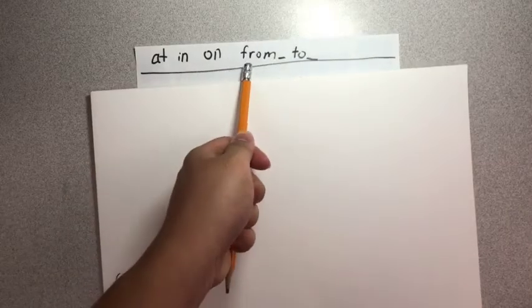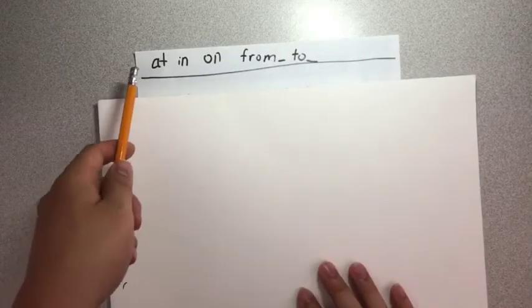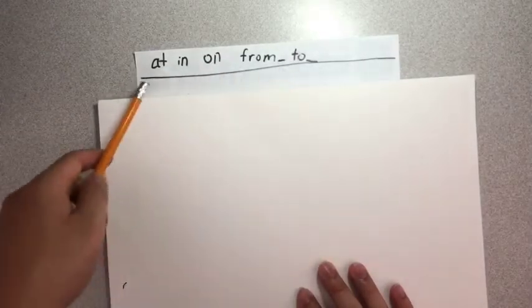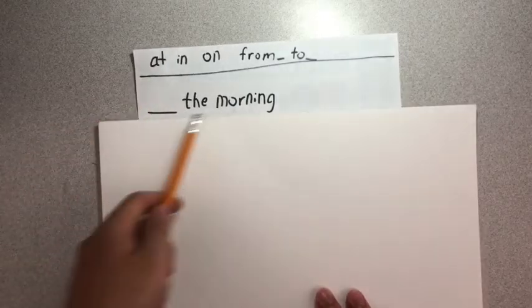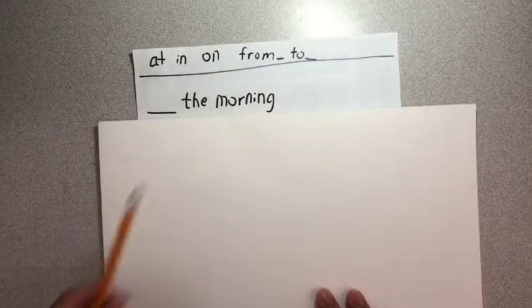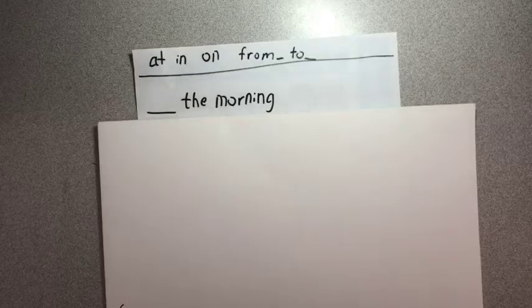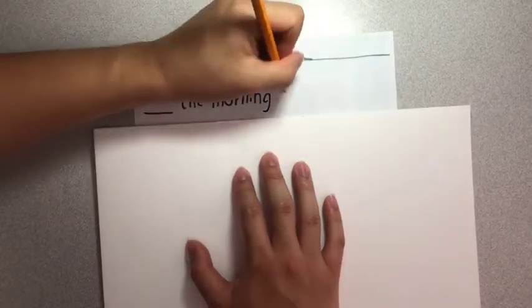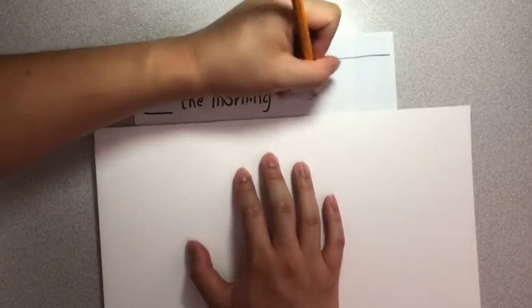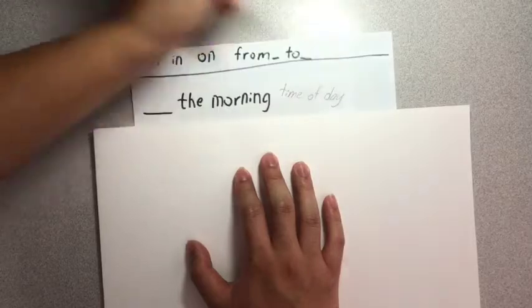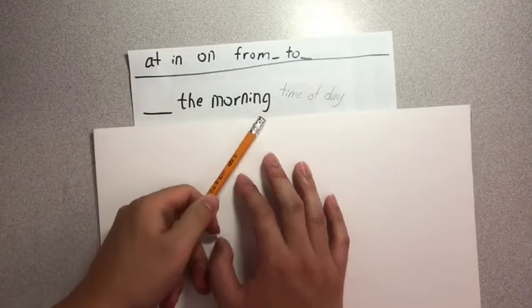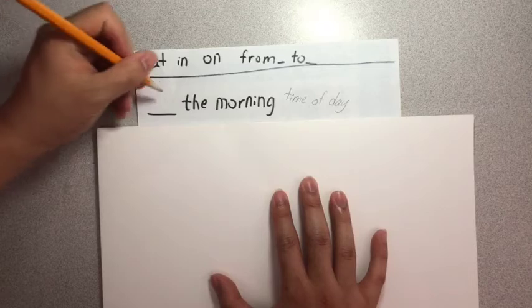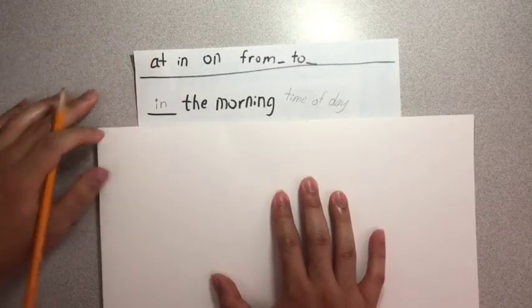Okay, we have the words at, in, on, from, to. So now I want you to choose the correct word. The morning. Which word here goes with the morning? Let's see. Morning is a time of day, which means we use in. We say in the morning.